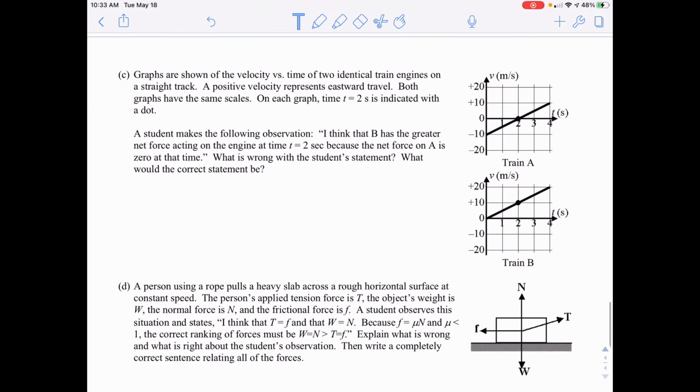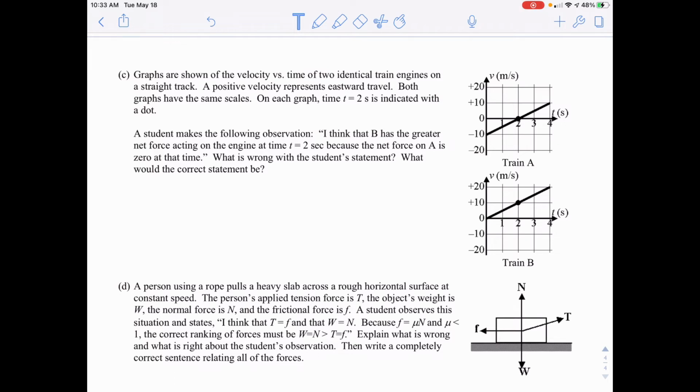Part C. Graphs are shown of the velocity versus time of two identical trains on a straight track. The positive velocity represents eastward travel. Both graphs have the same scale. On each graph, t equals 2 seconds is indicated with a dot.